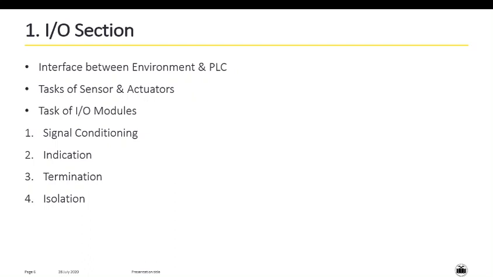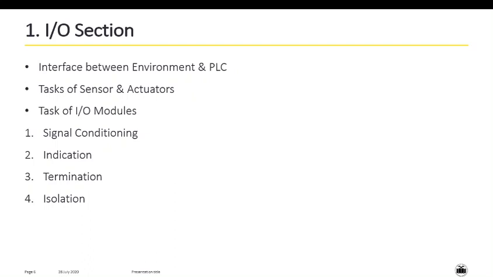So it will protect the PLC from very low input or very high input or surges or any kind of errors. So for isolation purpose we can also use these IO modules.